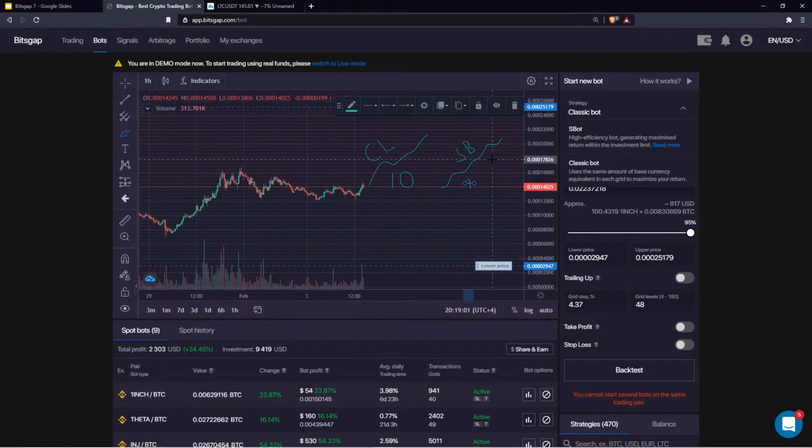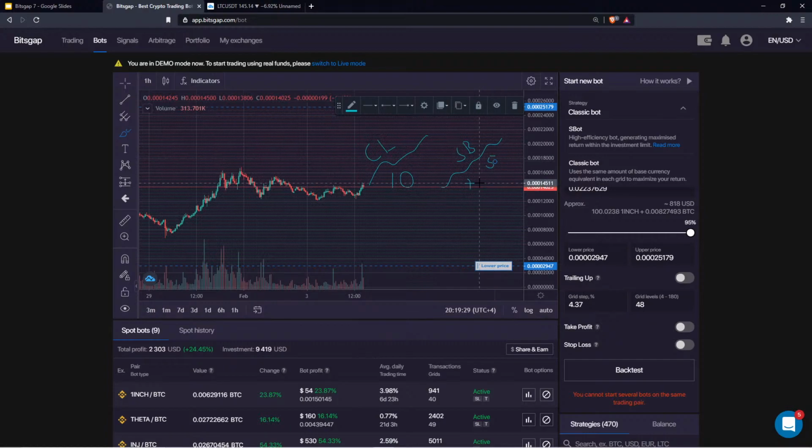When the price goes even higher, it will in this case buy even fewer coins, like 5 coins. That's why the investment spent on each level is the same, alright? So when the price appreciates, having the same investment, you are not able to buy 10 coins as before. Now you can only buy, as you see here, 5 coins.